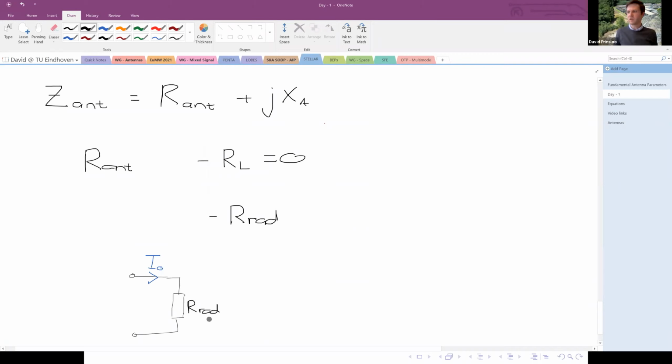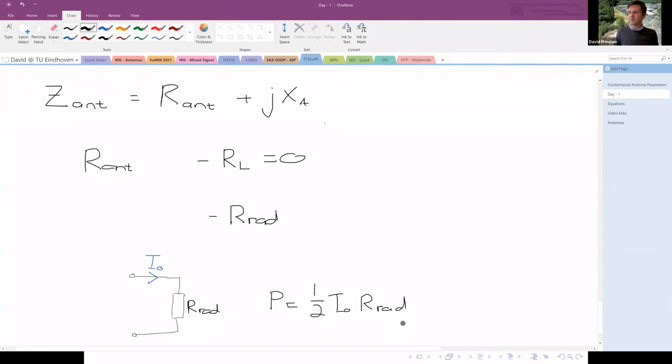Let's ignore this for a fact, and that this is an antenna, and all we want to calculate is the power in this load. Then we know that the power in that load is equal to half I squared R rad. That's standard circuit theory. This is assuming that this is the peak current, and we're taking the RMS value here.